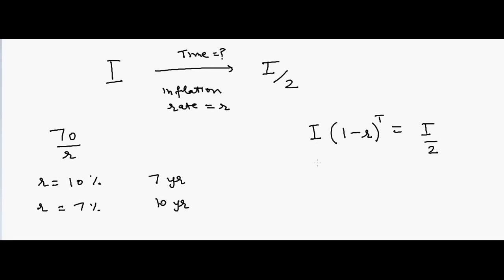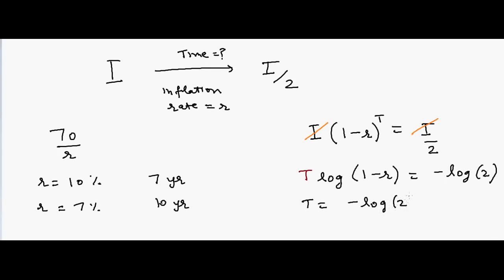In that case, if we solve this equation, then the I would cancel out, and we will have t log of (1 minus r) equal to minus log of 2, right? So t will be equal to minus log of 2 divided by log of (1 minus r), right?